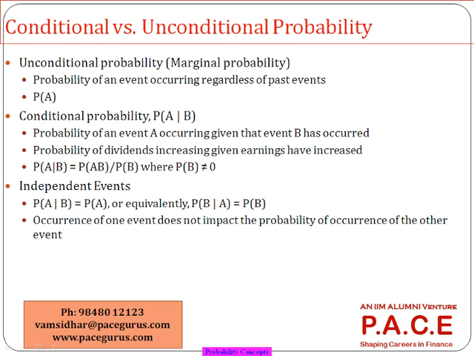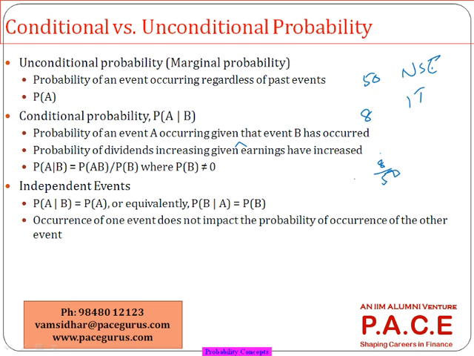Another better example for you is, let's say there are 50 stocks in NSE. Let's assume that 8 of them are IT stocks. What is the probability of picking an IT stock? 8 by 50.